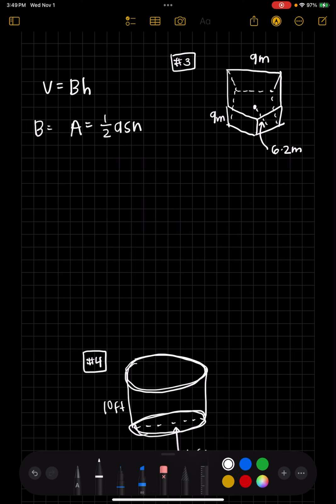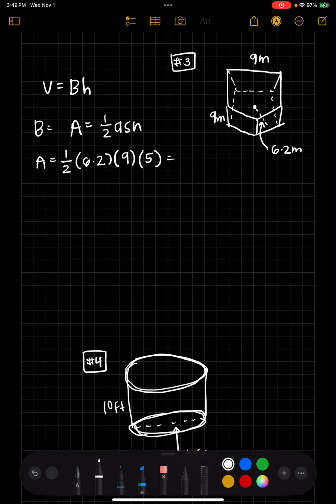So in this case, we would have the area is equal to 1/2 my apothem, which is that 6.2, times S, which is our side length. Now we can see that our side length would be 9, and then N is the number of sides. This is a pentagon, it has 5 sides.